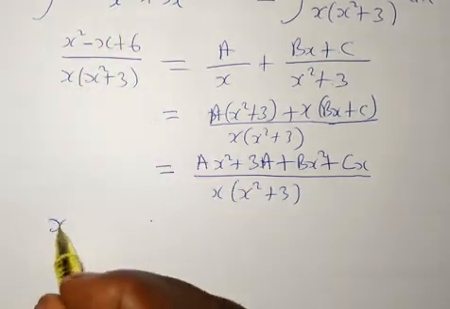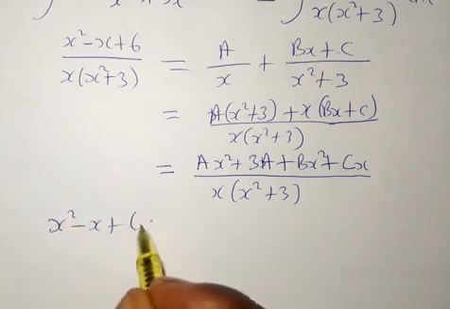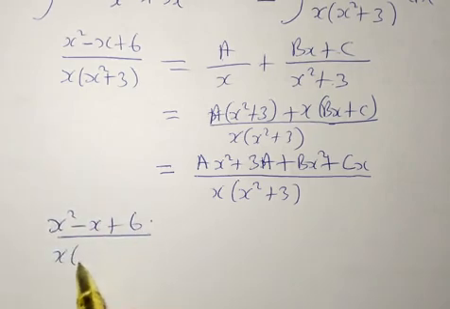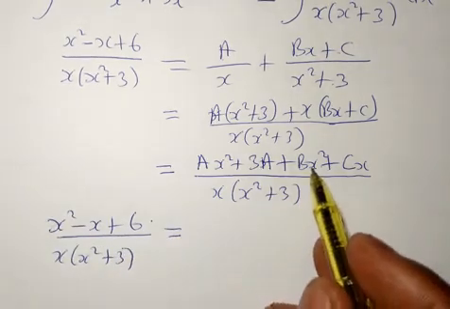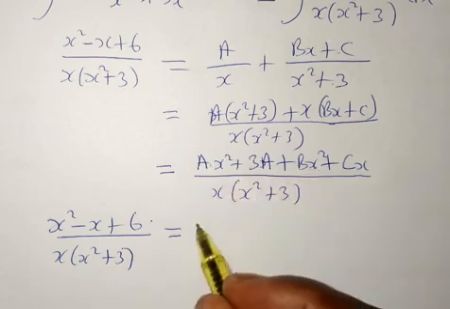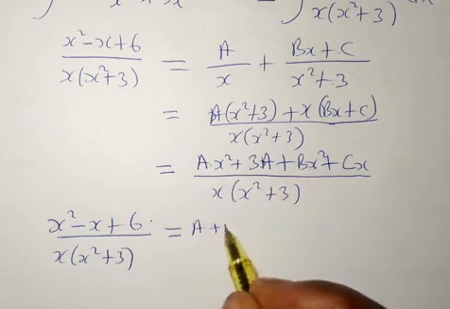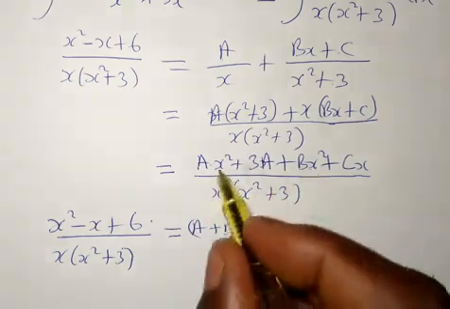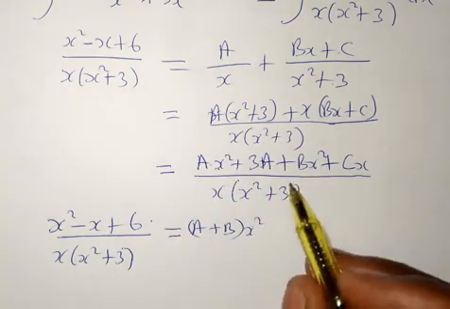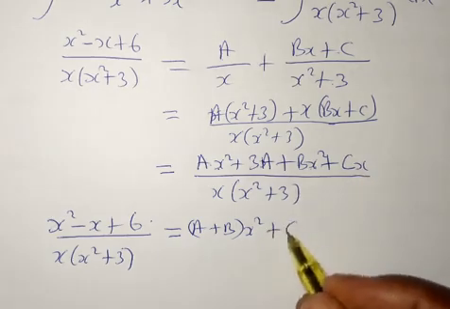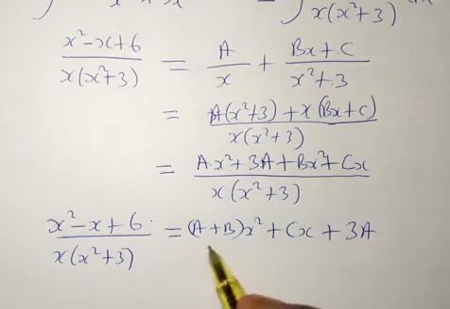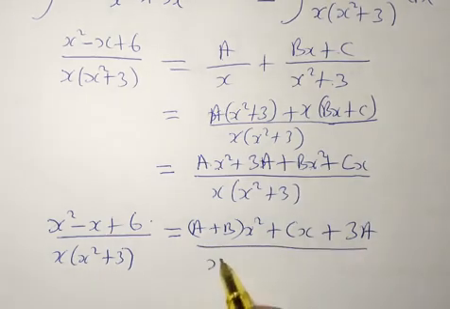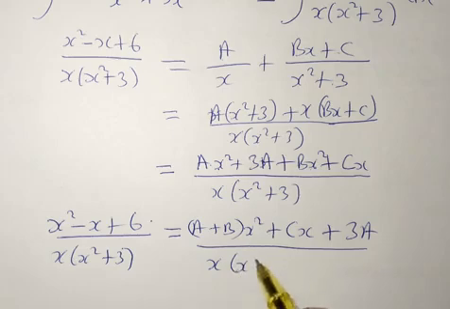You have (x² − x + 6) over x(x² + 3). This will be equivalent to, when you check, the x² factored out, it will be A + B, then you have Cx, and then finally the constant 3A, all over x(x² + 3).